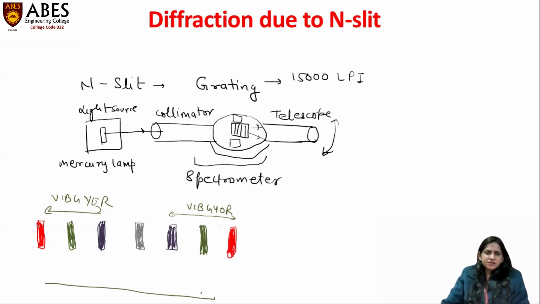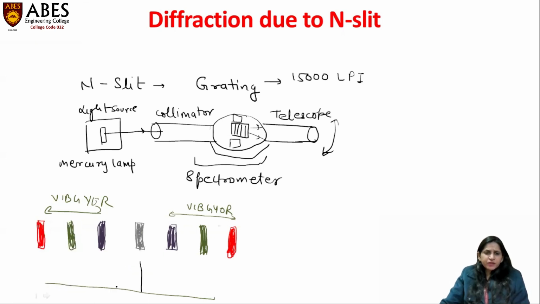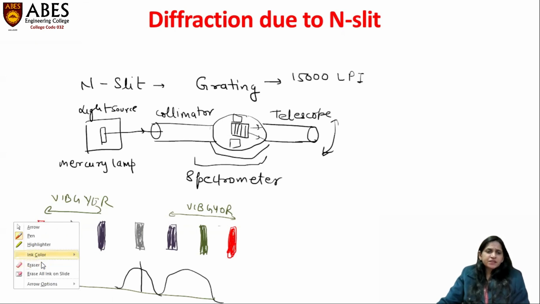Again, the graph that is forming is similar: there is a central maxima, then there is a maxima. Oh, I have just drawn it wrong. Let me correct it, because in a diffraction pattern the main condition is that the intensity decreases. So let us draw it.